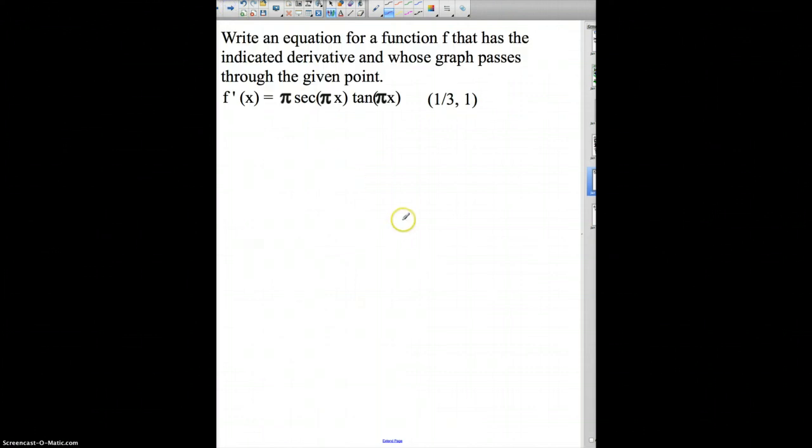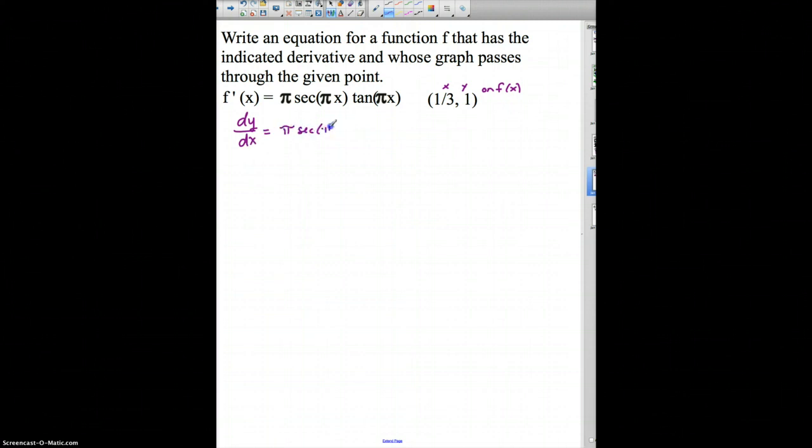Final example: write an equation for a function f that has the indicated derivative and whose graph passes through the given point. So this is our x value, and this is the y value on the original f of x graph. But we have the derivative. Another way to write the derivative is dy dx.